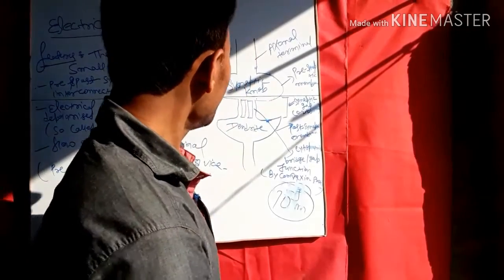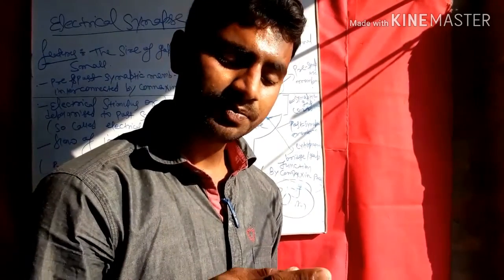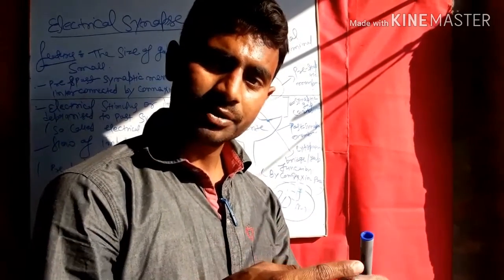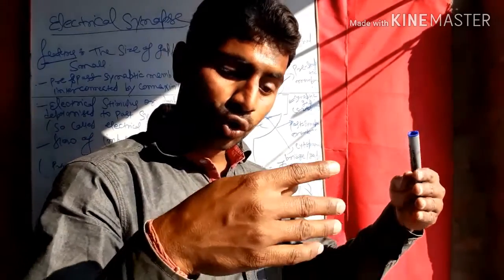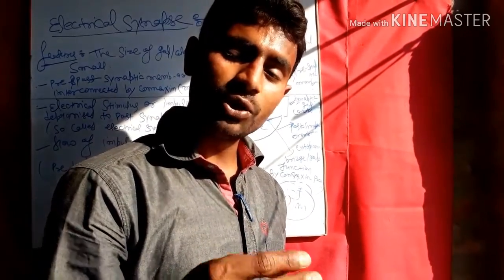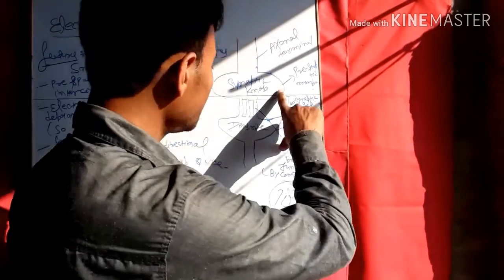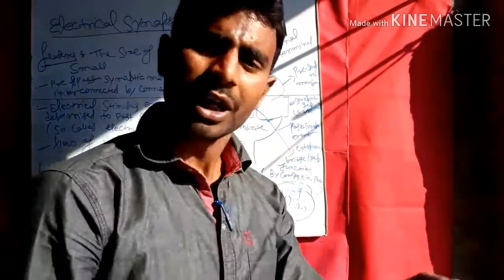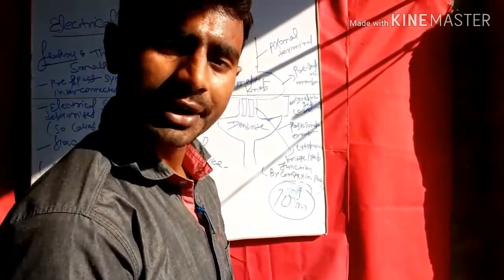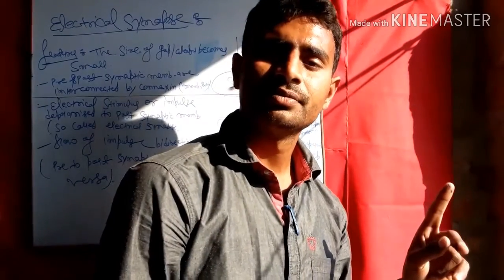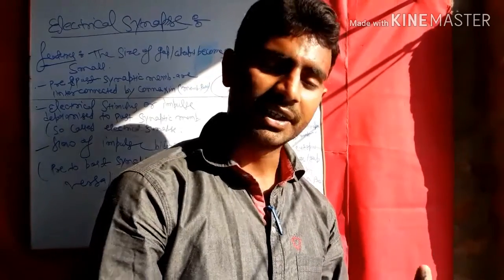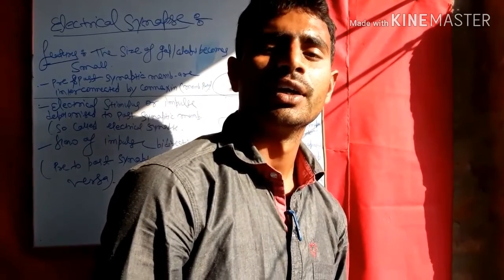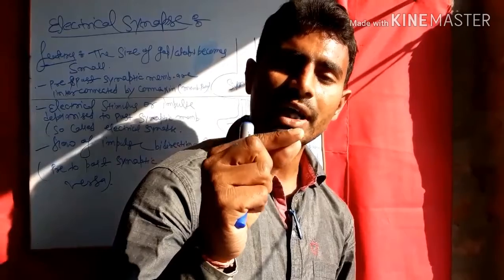This means the terminal part of one neuron and the head part of the other neuron are connected with each other, separated by a small gap.